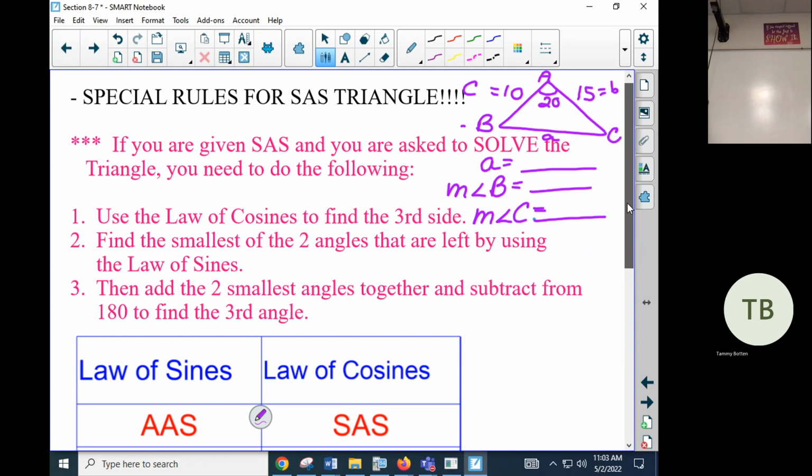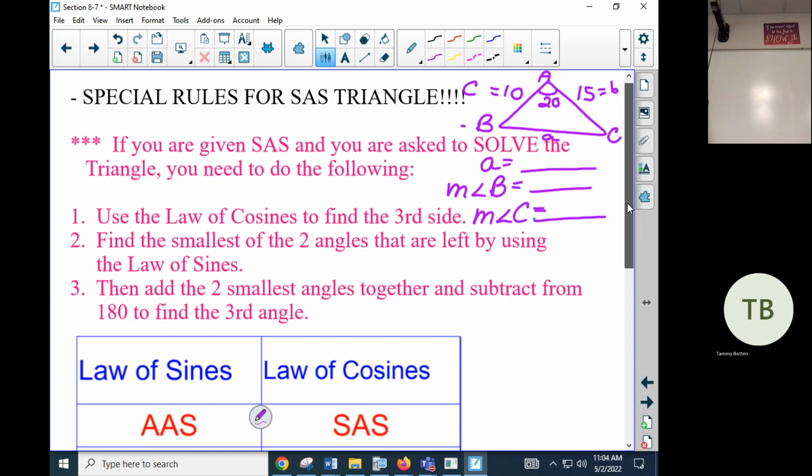What it tells us here is you're first going to use law of cosines to find the third side. I'll show you how to do that. Then we're going to go back to what we did last week and use law of sines, but you have to find the smaller of these two angles first. How do you know which one is smaller?